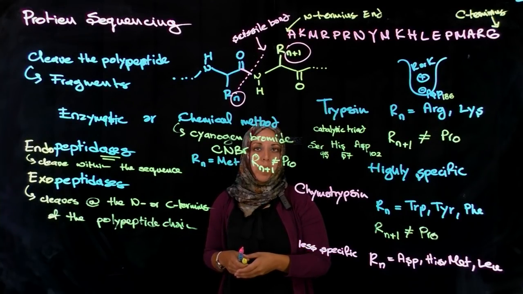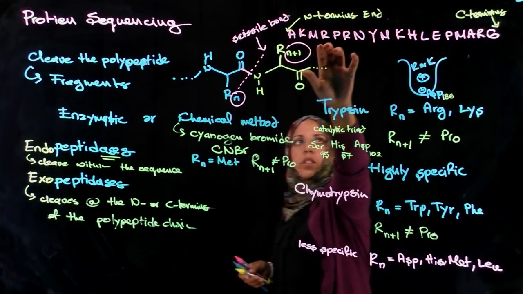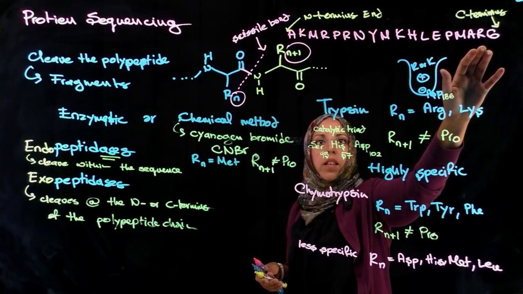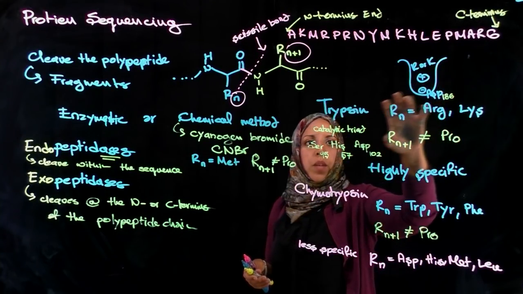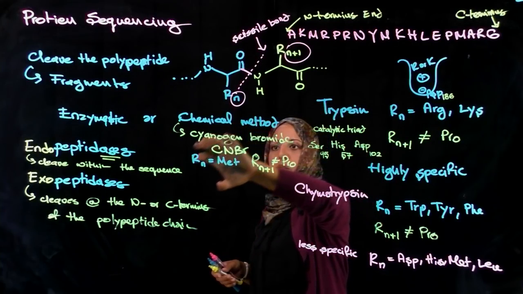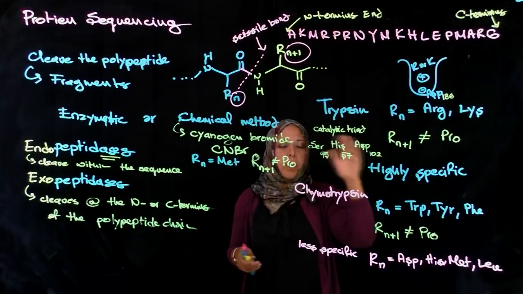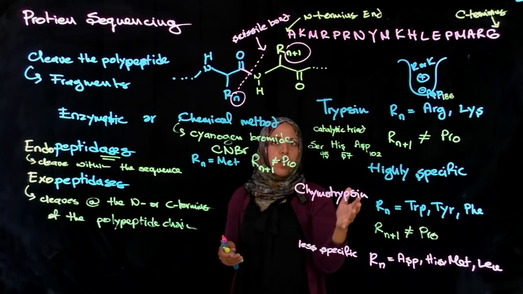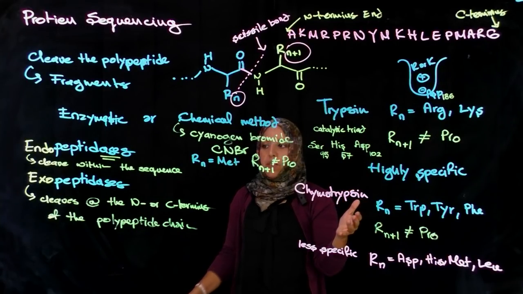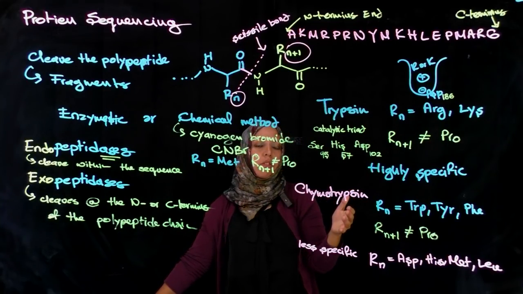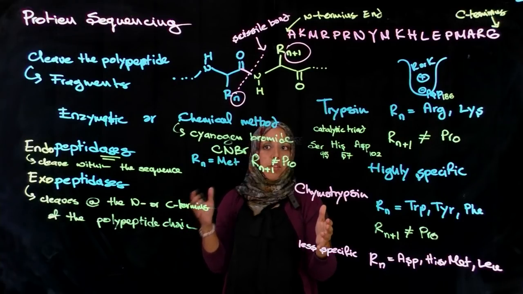All right, so I'm going to erase this, and we're going to consider that particular peptide sequence. And we're going to see what happens when we cleave it with trypsin and what happens when we cleave it with cyanogen bromide. So if we have a particular peptide sequence and we're really interested in figuring out the actual sequence of the peptide, what we typically do is we cleave it using two different methods.